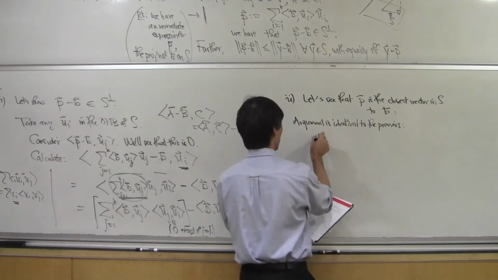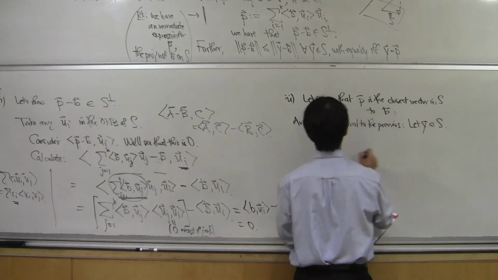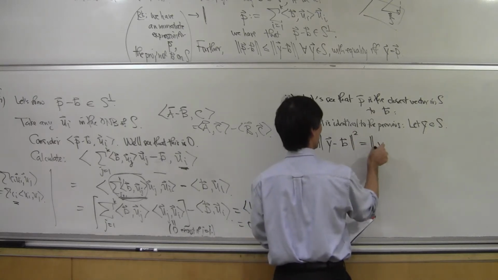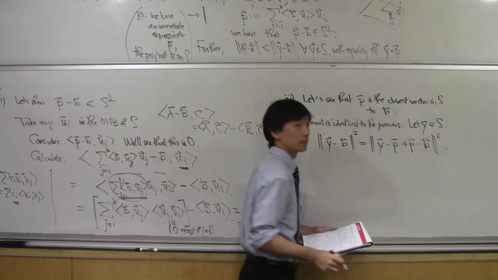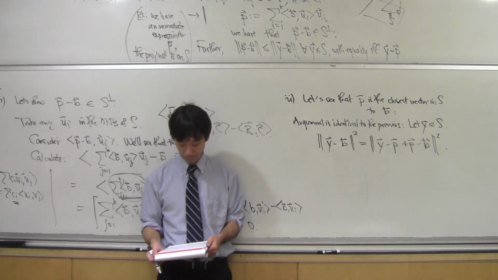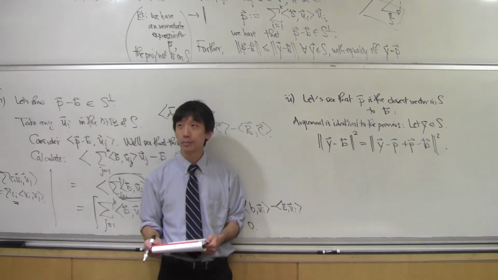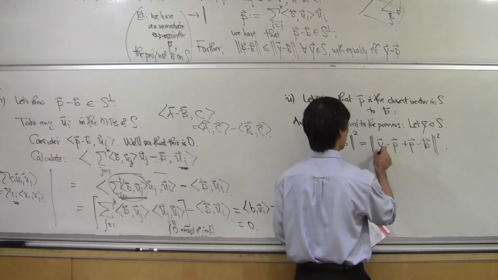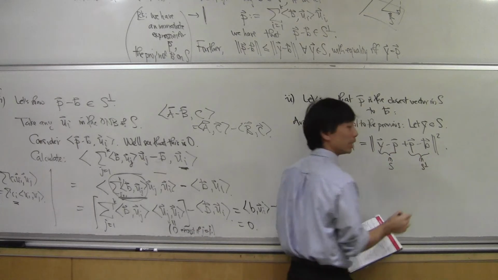You say, okay, well, look, let Y be in S. If we look at the difference between Y and B squared, that's the same thing as Y minus P plus P minus B, squared. Again, P is in S, Y is in S, so Y minus P is in S. P minus B, we just saw, is in S perp.